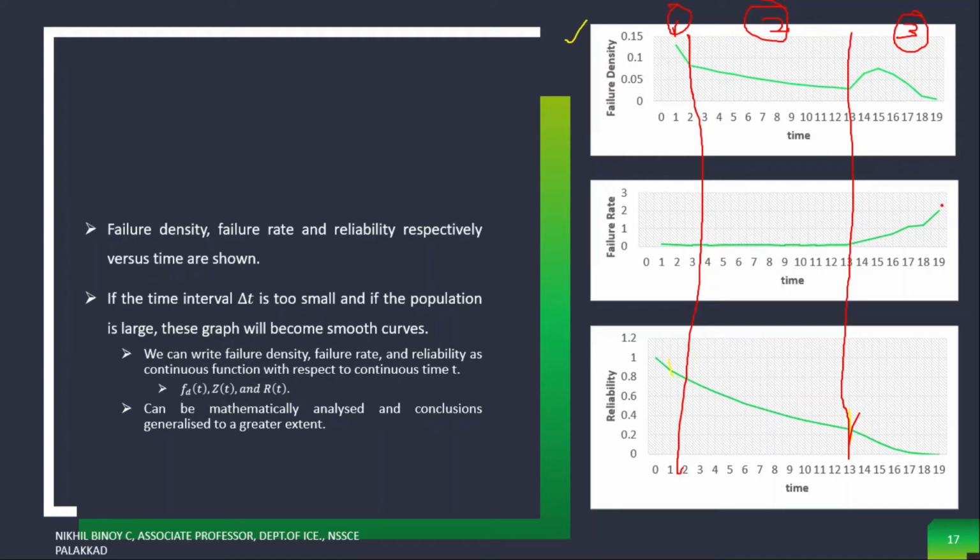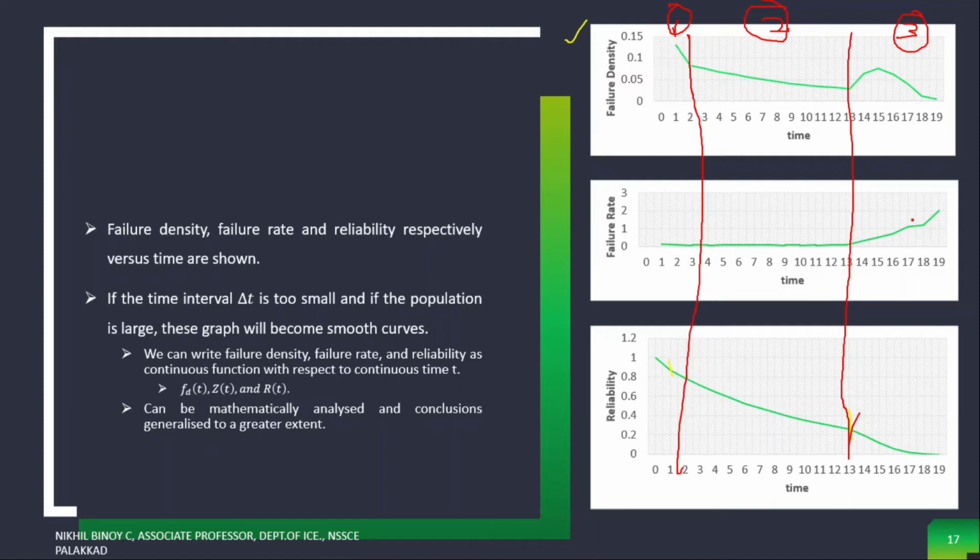And in the third zone, failure rate is increasing. So now we are going to generalize our equation by using failure rate. With respect to failure rate, we have three clear zones. In the first zone, the failure rate is decreasing. In the second zone, failure rate is constant.